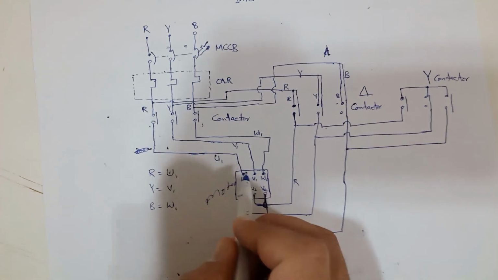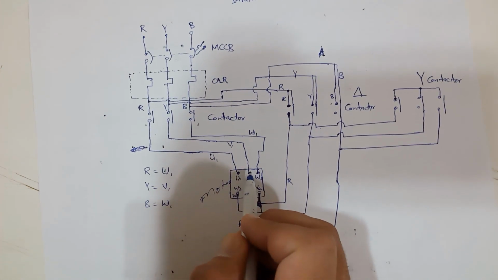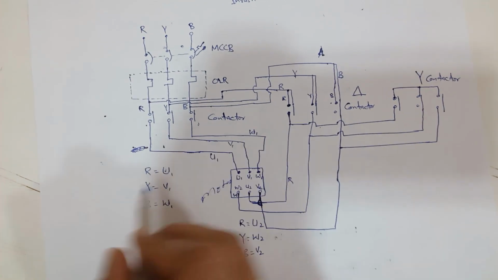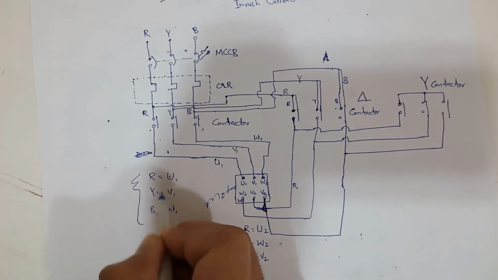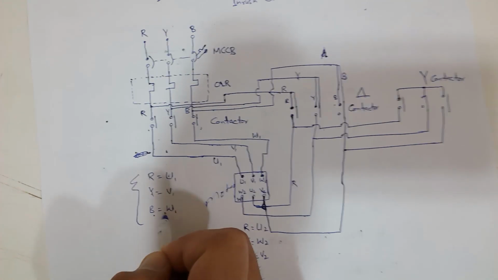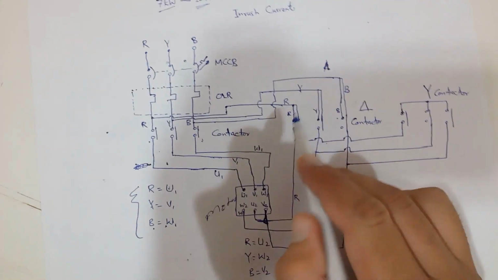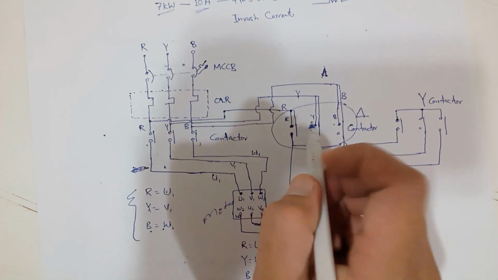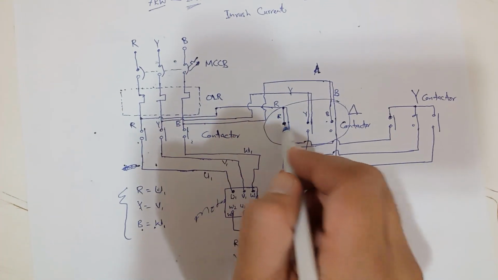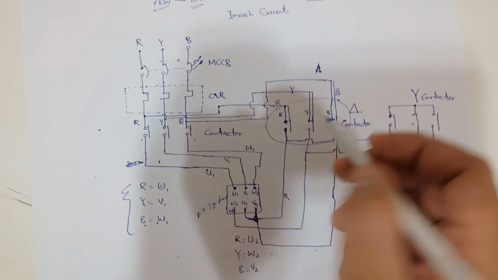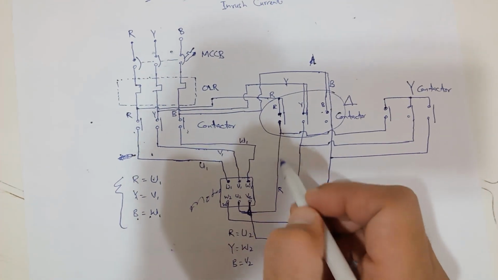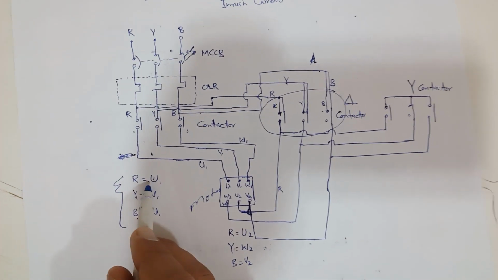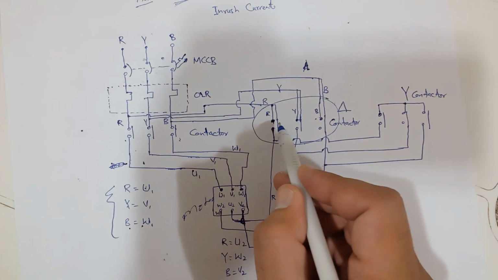Now red comes to U1 of the motor, yellow comes to V1, and blue comes to W1. Now here we have another contactor, the delta contactor. To one side we connect the red, yellow, blue phases, and from the other side we take output and give it here. Red is connected with U1, so here red will connect to U2.